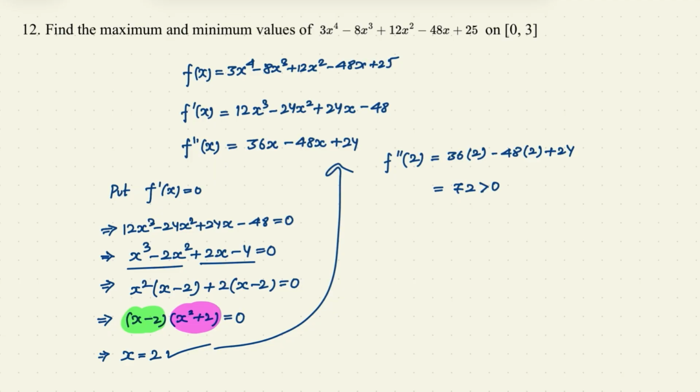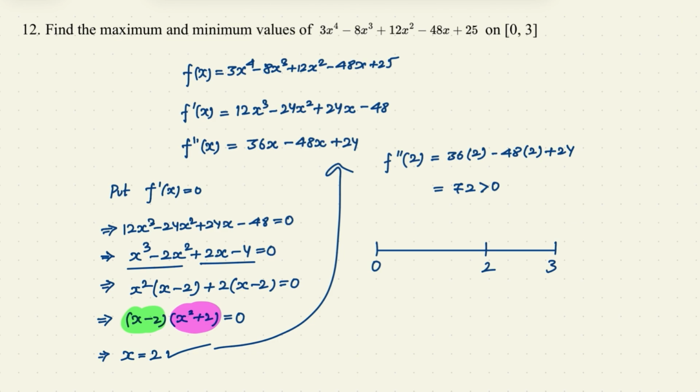That means this x equals 2 is the point of local minimum. Now my interval was from 0 to 3 and my critical point I have got is 2. Now we will check the value of the function at all these 0, 2 and 3, and from it we will choose the minimum and maximum values.